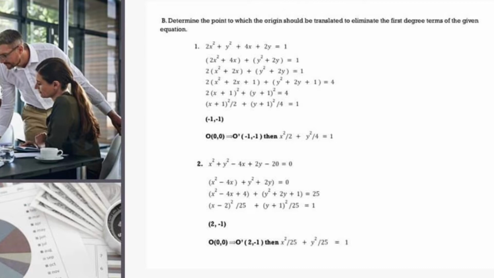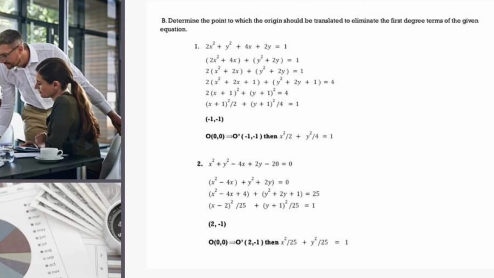If we solve that, we have the quantity x minus 2 squared over 25 plus the quantity y plus 1 squared over 25 is equal to 1.